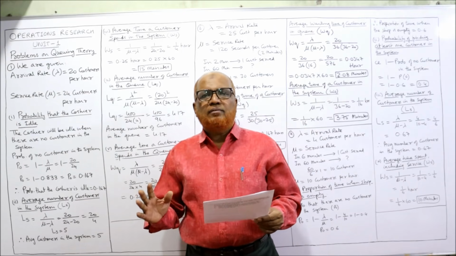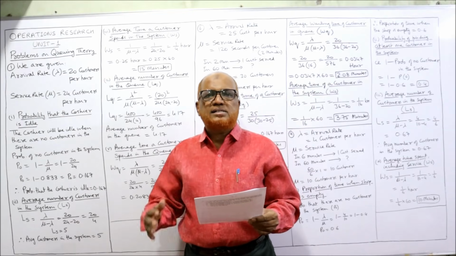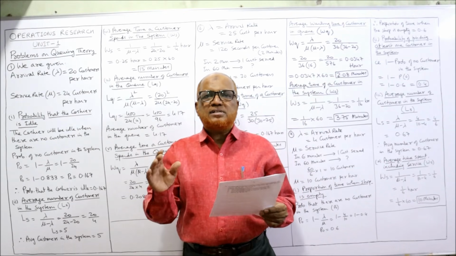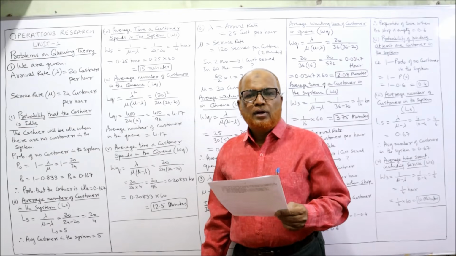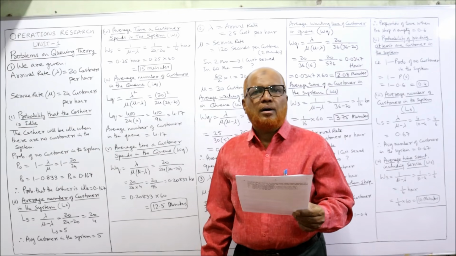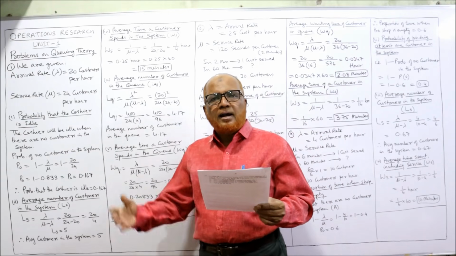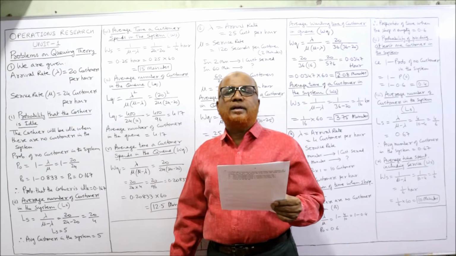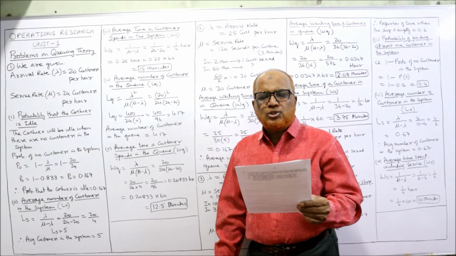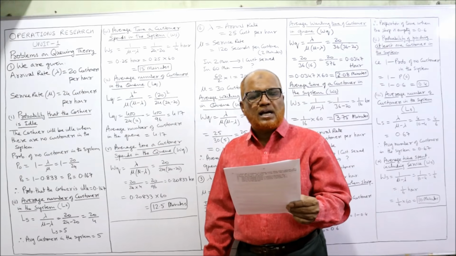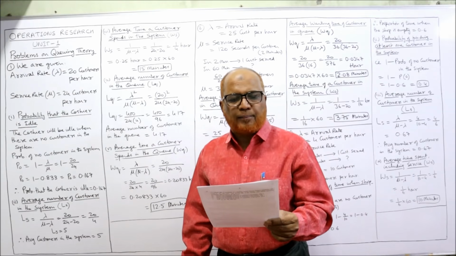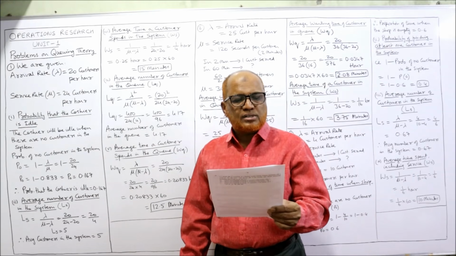So here we are given the arrival rate and also the service rate. Service rate is denoted by mu. The mu is 24 customers per hour and the arrival rate lambda is 20 customers per hour. Assume that the conditions for use of the single channel queuing model apply. Now 5 questions are asked.